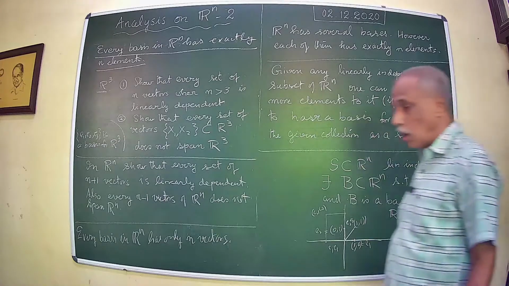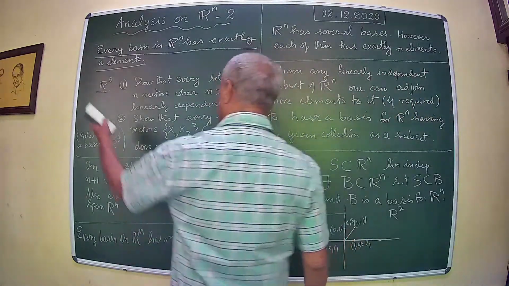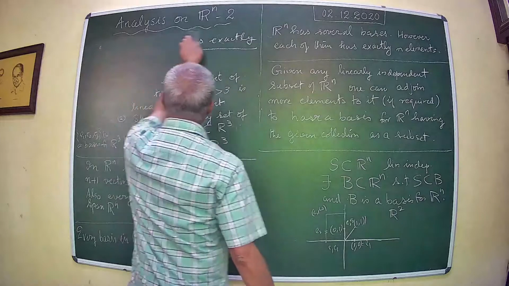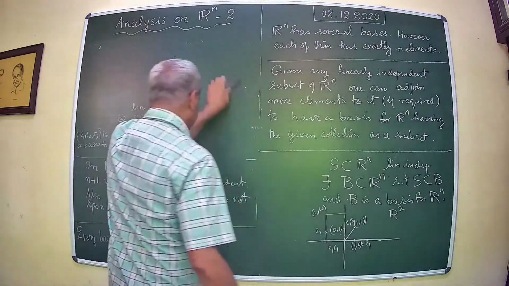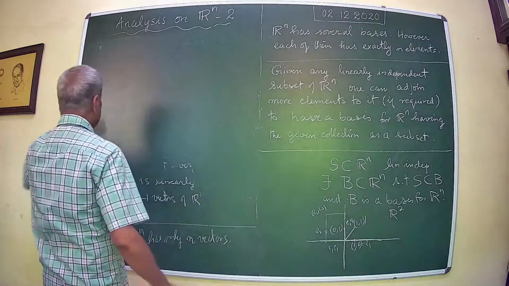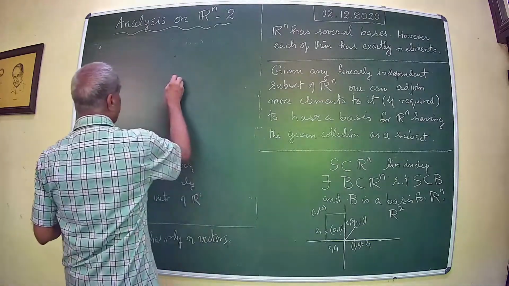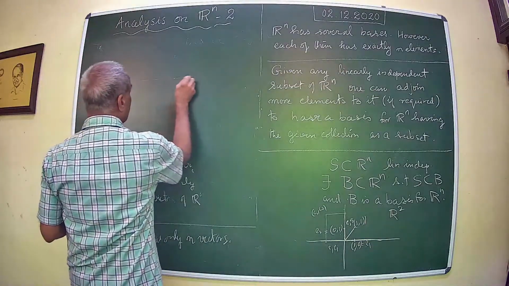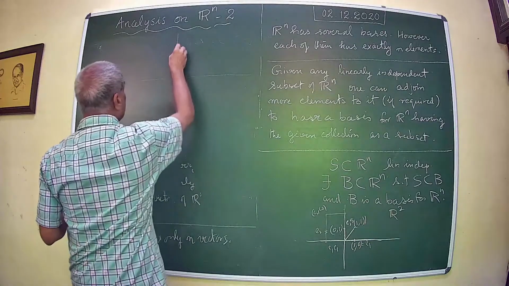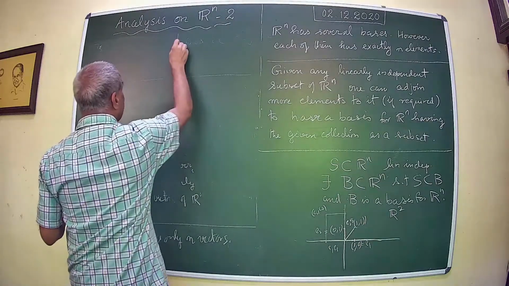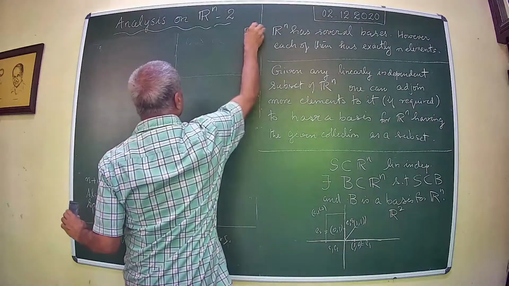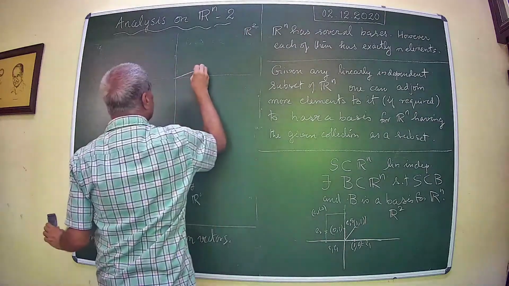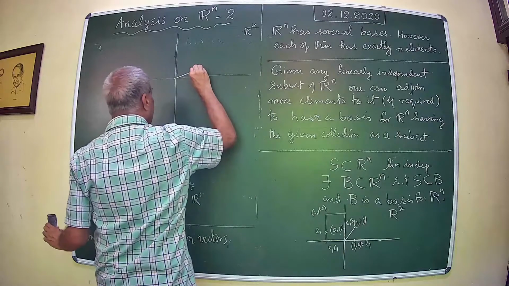But you could also use any two vectors which are linearly independent. In R2, let me draw the conventional axes to indicate that this is R2. Suppose I choose a vector X.